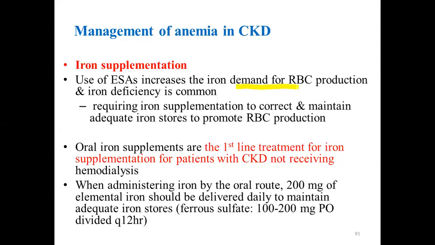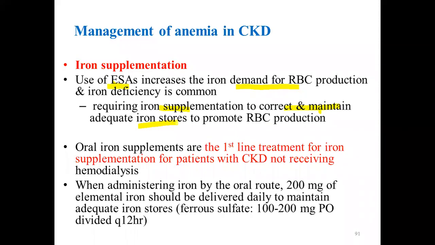That is why in the presence of erythropoietin supplementation, you need to give iron supplementation so that you can correct and maintain an adequate iron store to promote RBC production. Erythropoietin by itself will not promote production without iron supplementation. That is why when you are giving erythropoietin, give iron supplement, which is very important.